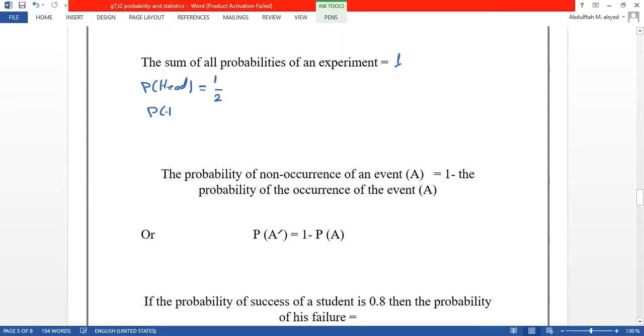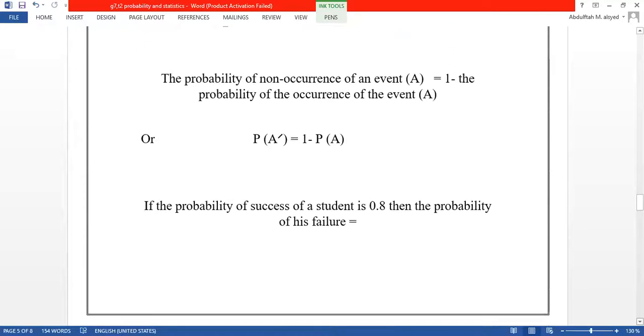The probability of getting tail is the same, because how many tails? 1. How many faces? 2. If we add them, probability of head plus probability of tail equals half plus half equals 1. So the sum of all probabilities of an experiment equals 1. This is a rule.